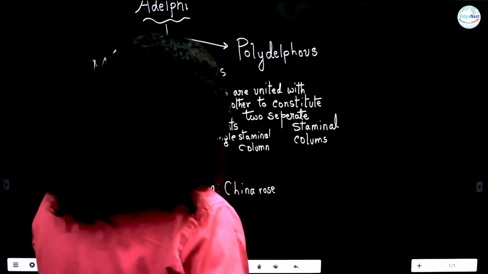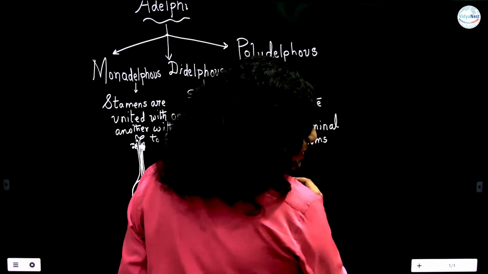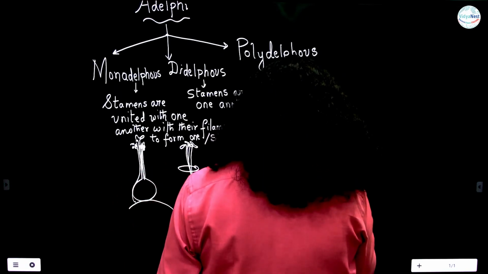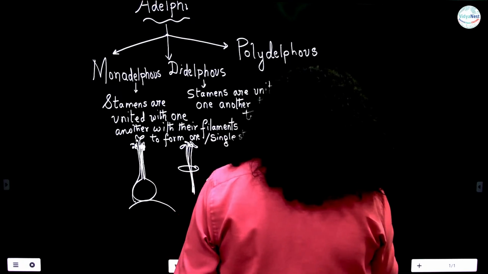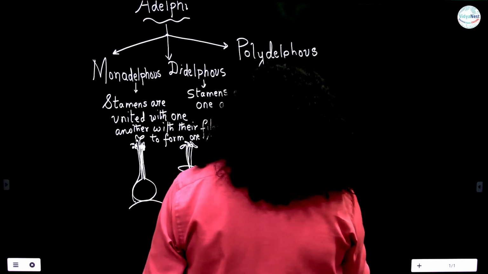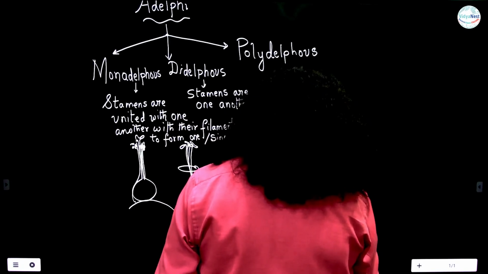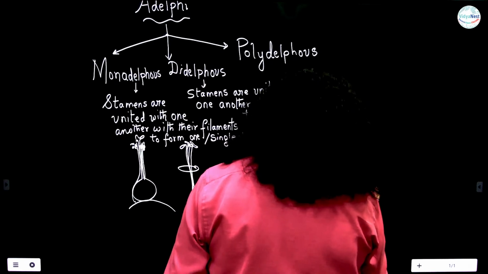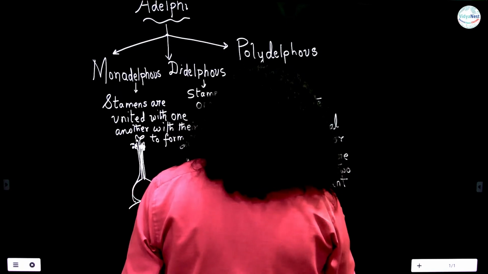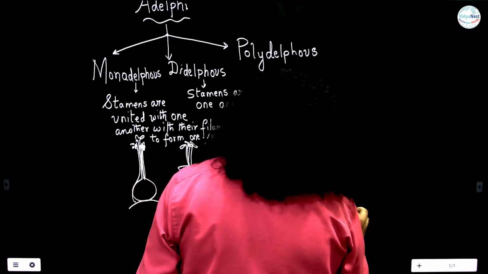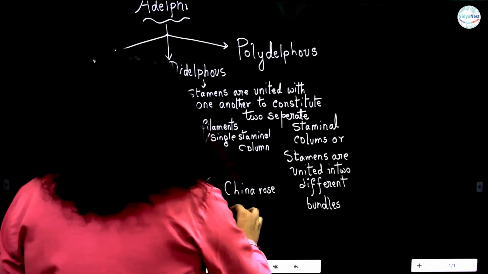The stamens are united in two different bundles.